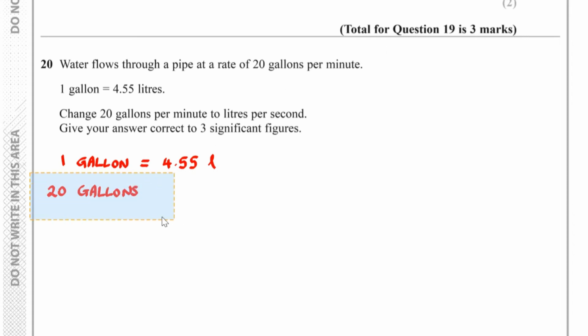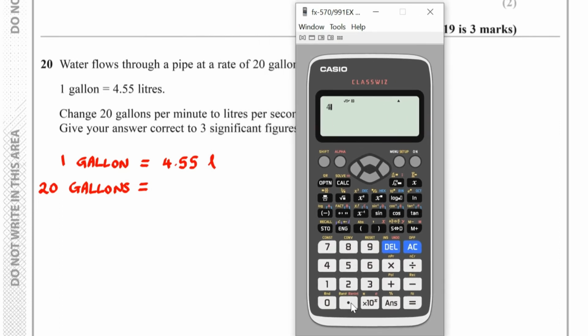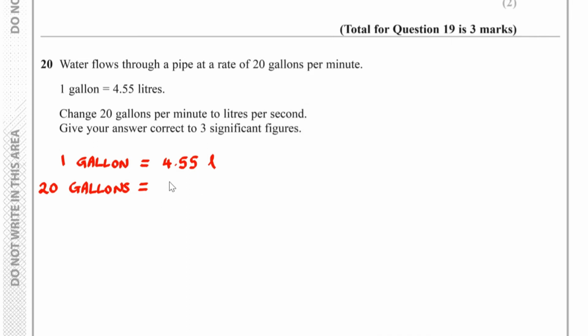If we were to convert 20 gallons, then what we have to do is multiply this 4.55 by 20 to get 91. So we would have 91 litres, which is equal to 20 gallons.